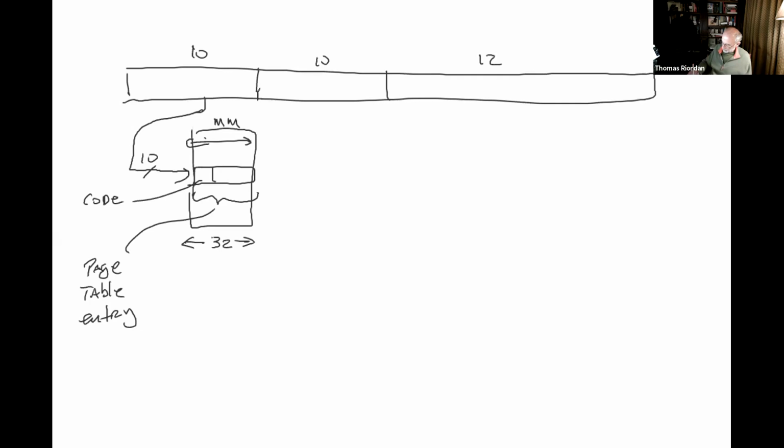But for our purposes, the thing that we care about in the page table entry is we need 22 bits, and we need 22 because we're going to point to somewhere a 1K byte region.